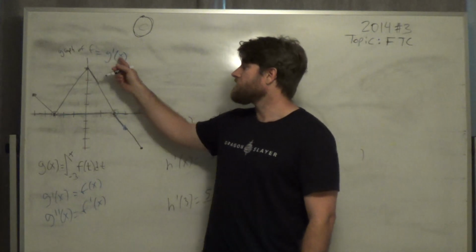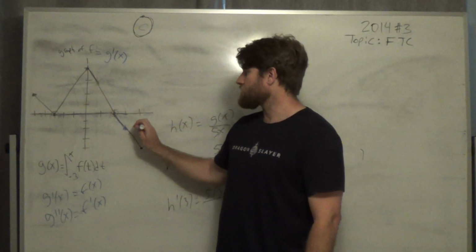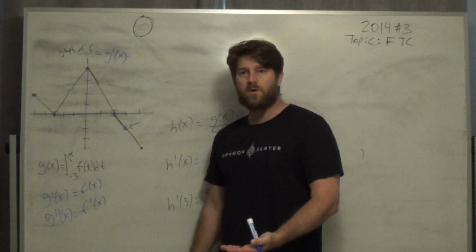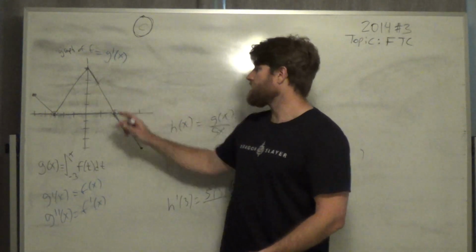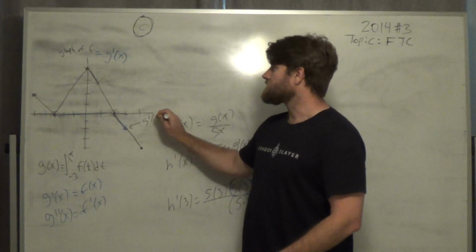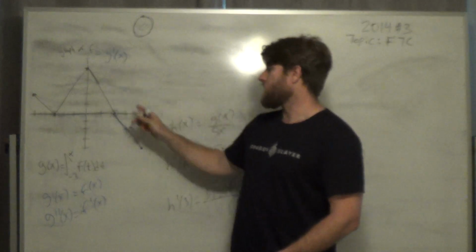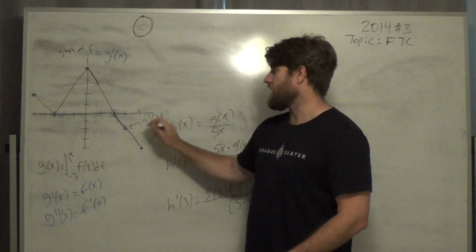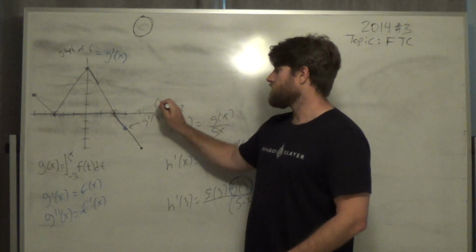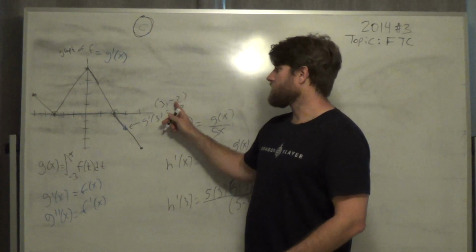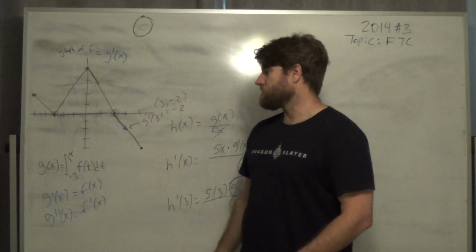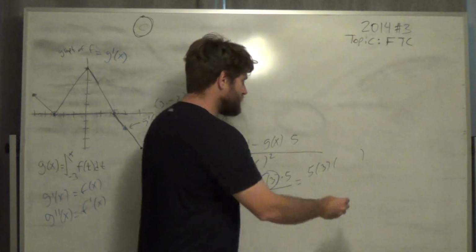This is the graph of g prime x. So g prime 3 is literally just the ordered pair there. Since this is the graph of g prime x, g prime 3 is the ordered pair 3 comma negative 2. We simply want the y-coordinate since this is the graph of g prime. So that y-coordinate is a negative 2.